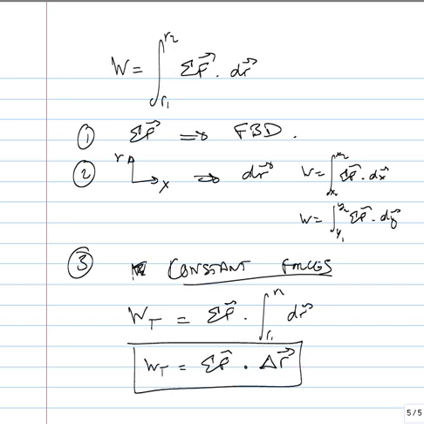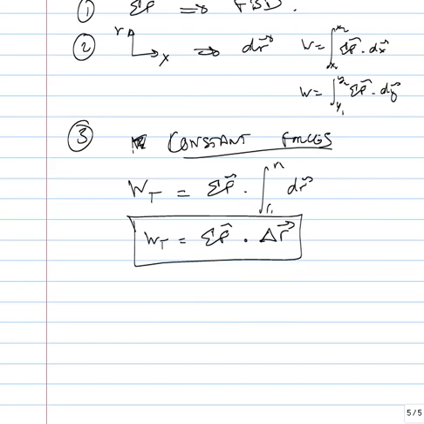So for constant forces, you can just take the sum of the forces, add them up, identify your delta r, which is the change of position, and then take the dot product between every one of your forces along that particular direction r.